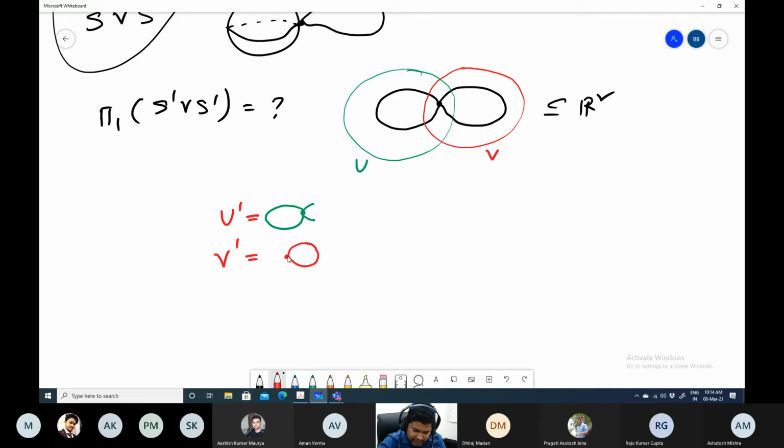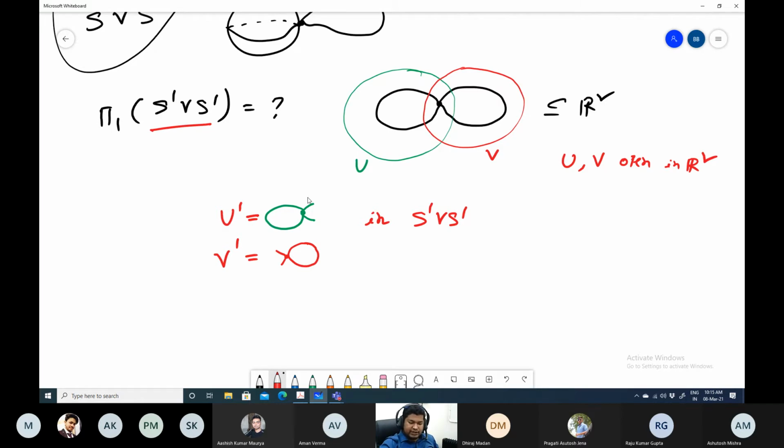But whenever you draw a picture, you should draw it carefully so that it is well understood. So this is your U, this is your V, and that gives your open sets U dash and V dash in S1 wedge S1, where U and V are open in R2.